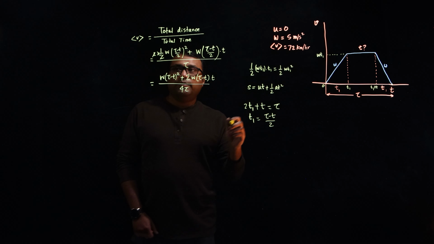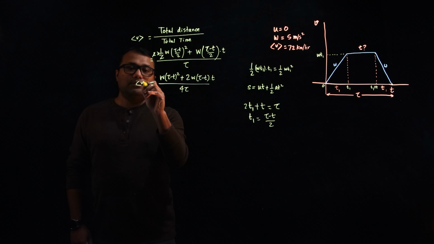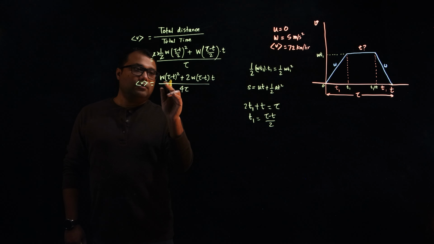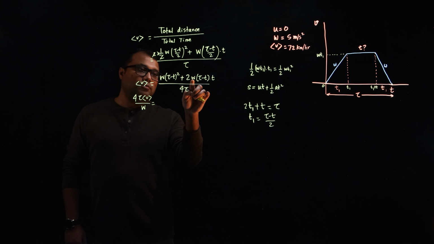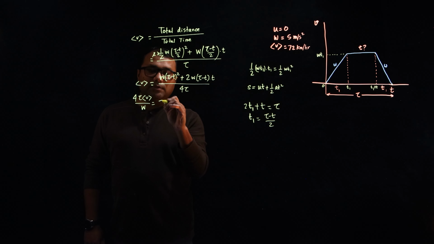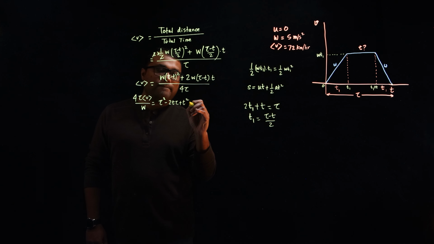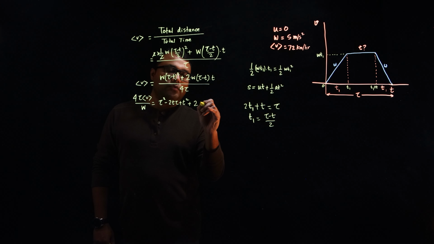Our goal is to find t. So we can bring many of these terms to this side. 4 tau mean velocity divided by w. So we brought that w down here. Now this becomes tau square minus 2t tau plus t square, and this becomes 2t tau minus 2t square.